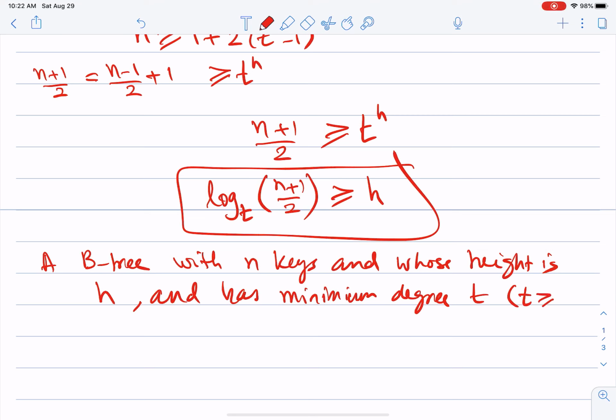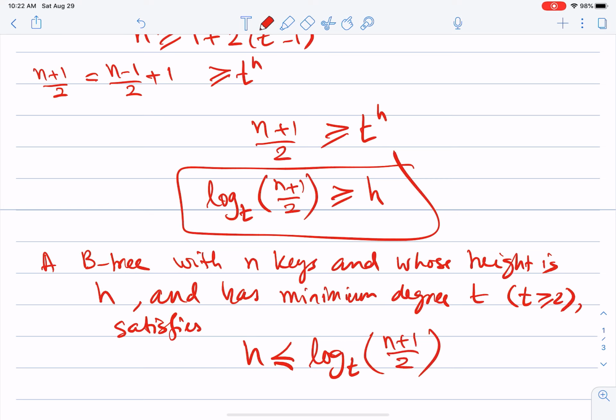Again, the degree here is the number of keys. So I'm talking about a B tree. It has n keys, it has height h, and it has that parameter t. It satisfies that h is smaller than or equal to log base t of (n plus 1) over 2.